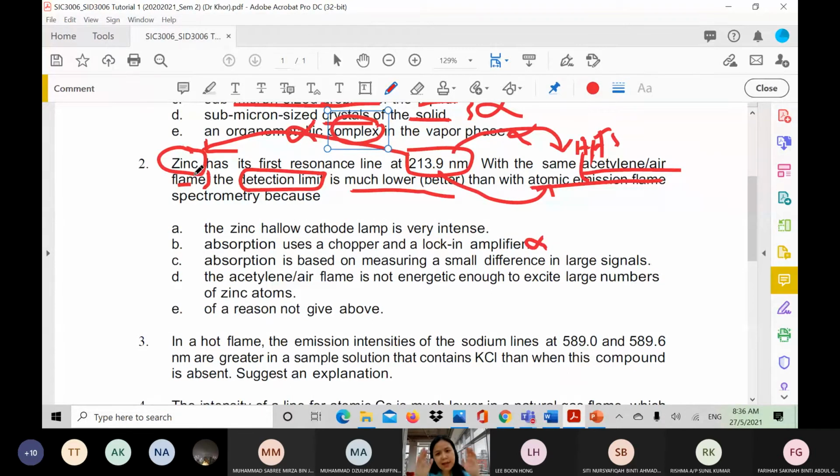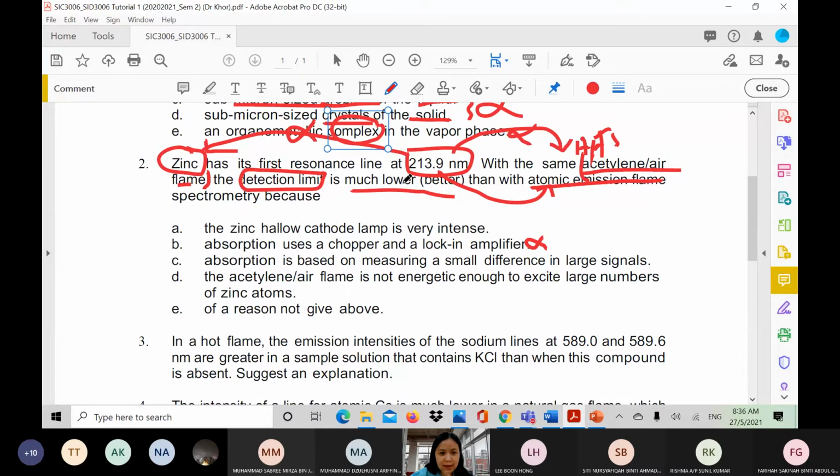Let's say flame AAS versus flame AES, right? So the detection limit is much lower for flame AAS when we compare with AES.